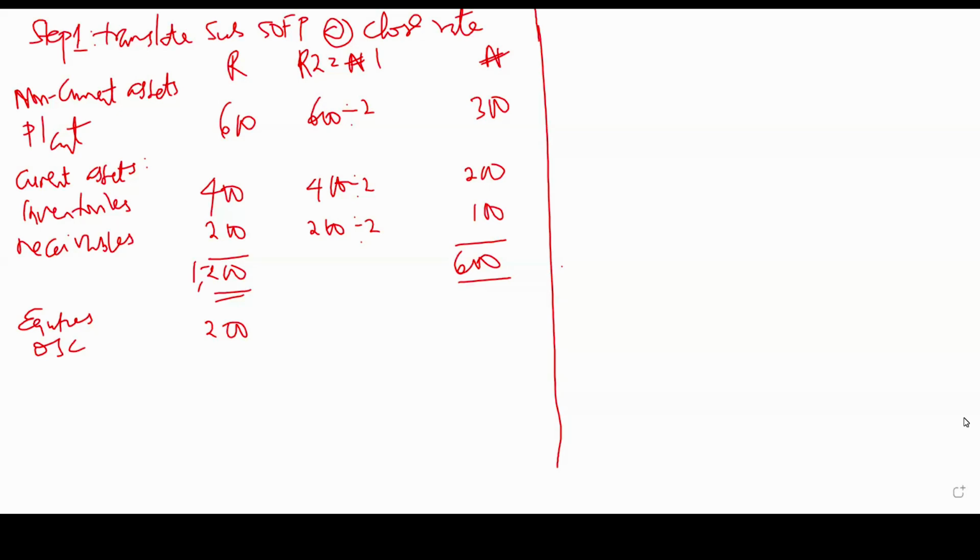They will continue to carry this 50 naira historical amount. So when you are converting, do yourself the favor of not converting that ordinary share capital at the closing rate. Instead, do it at historical rates.